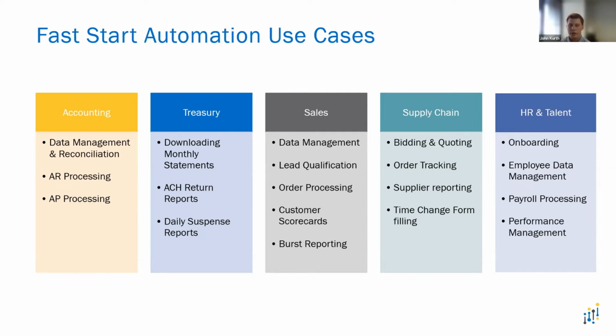These are areas within various departments where we see automation really being the low-hanging fruit, where it can create an impact and return on investment very quickly, within just a few short months. So we wanted to highlight some of these areas that could be worth considering or looking at internally within your organization.